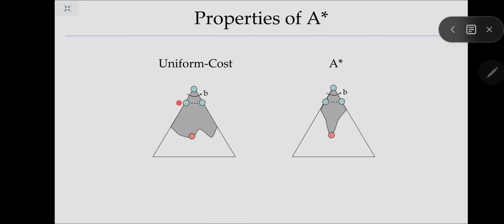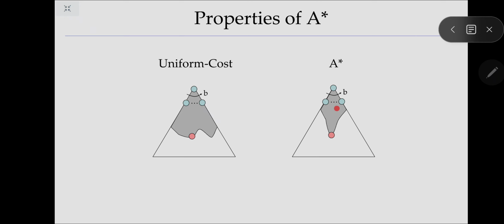The fringe is similar to the BFS fringe, that is, layer by layer, check the costs of nodes. But in A star, you have some estimation about the distance between any node and the target node.